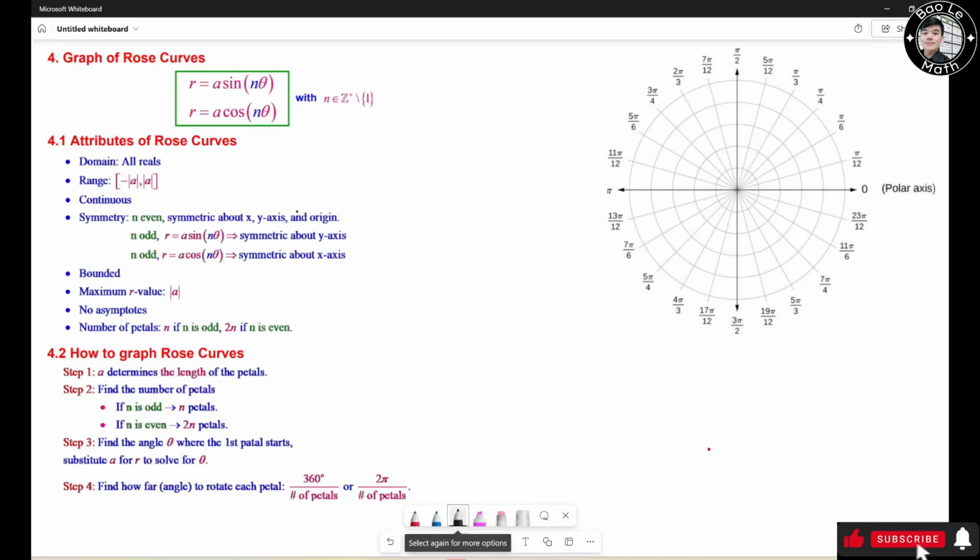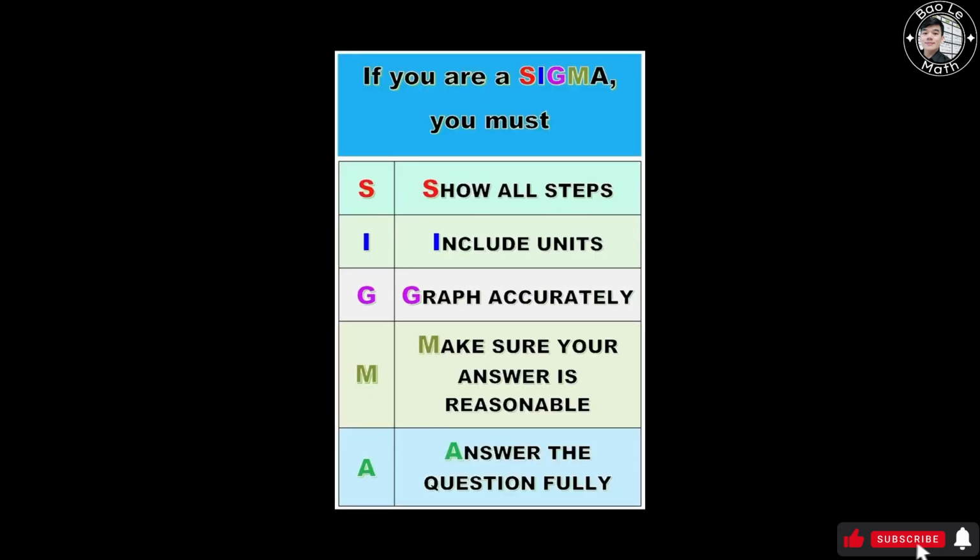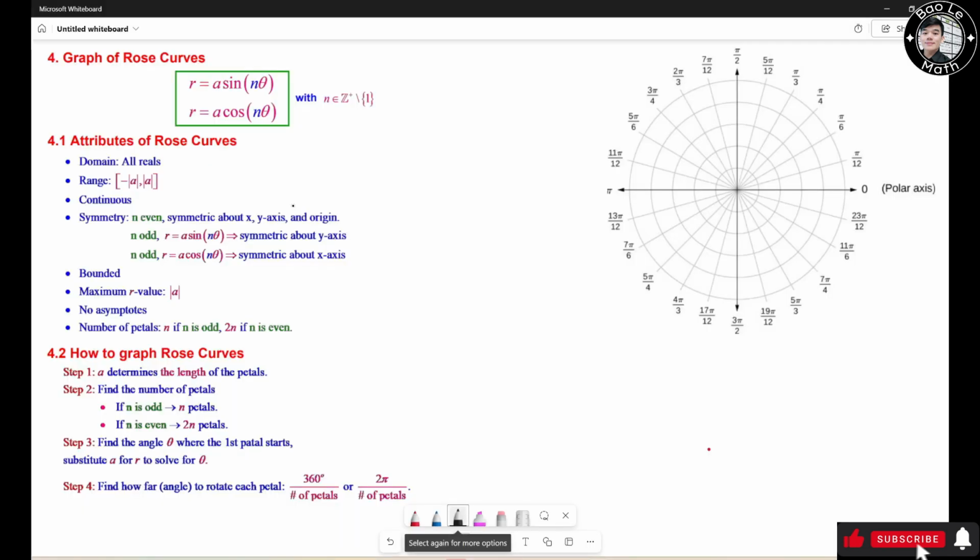Hello everyone, in this video we're going to learn how to graph a rose curve. A rose curve has the form r equals a times sine n theta, or r equals a times cosine n theta.